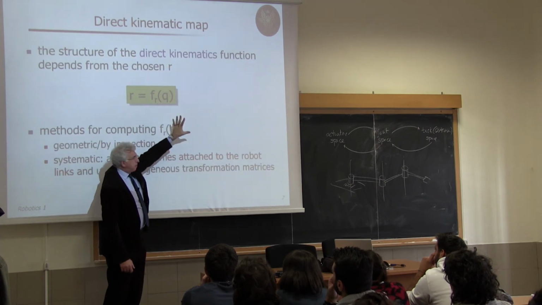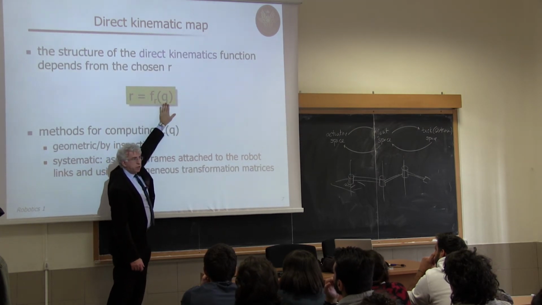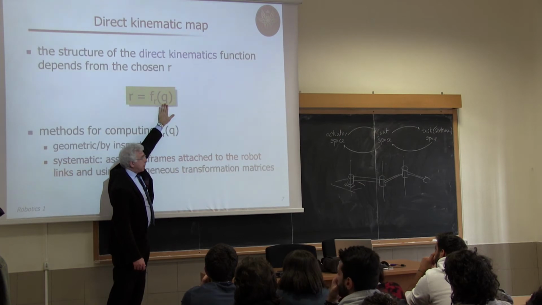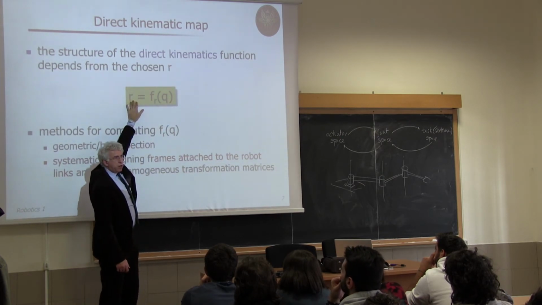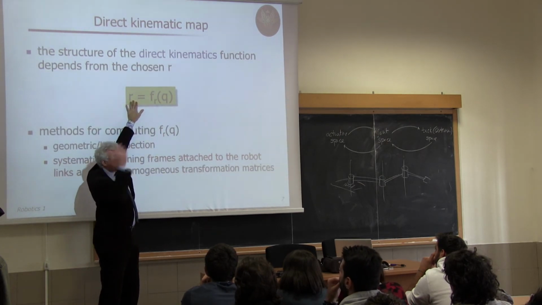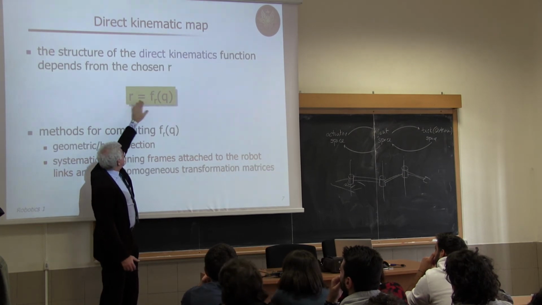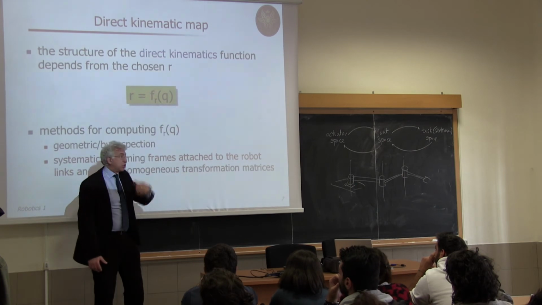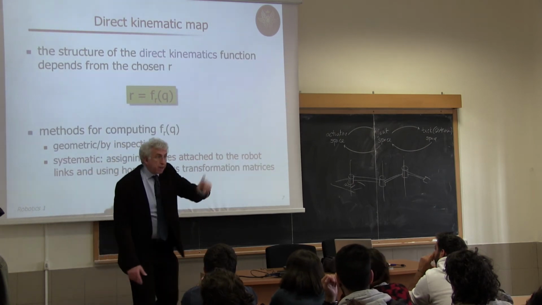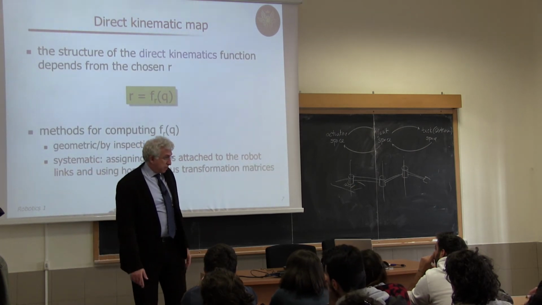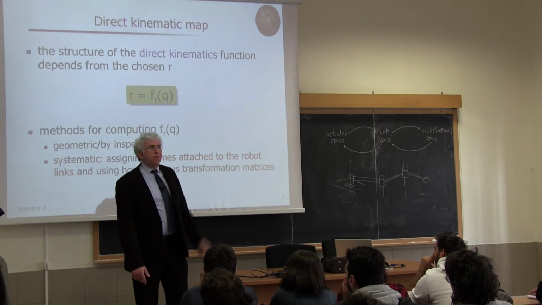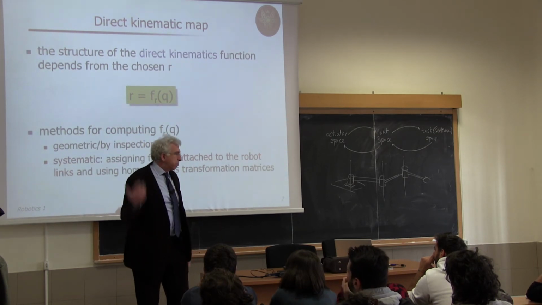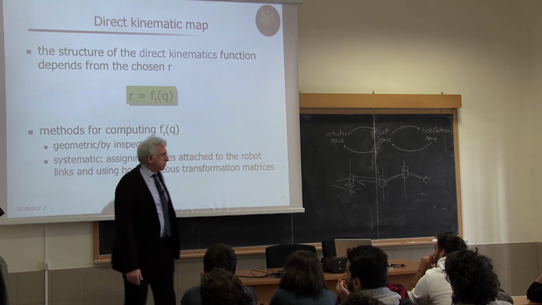The robot is always the same, so it has its own q in the joint space. But depending on what I want to describe in the Cartesian space or in a more general task space, I have a function which depends also on this. And so I call this function not just f, I will call it f_r because it's related to r. Then once I have familiarized with this concept, I will remove r because I know what I'm doing.